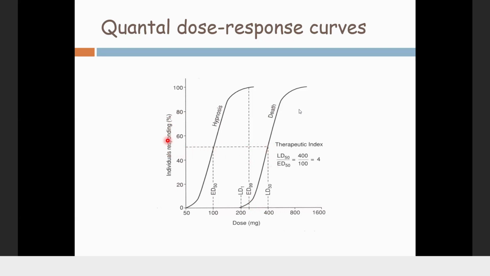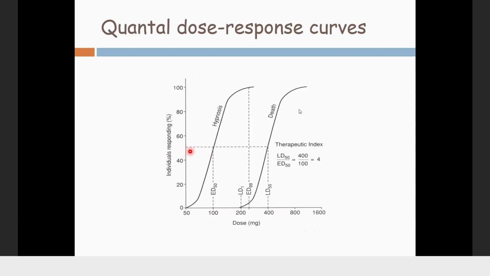So this refers to the population or individuals, which could be people or animals, depending on the experiment conducted. So LD50 would be the dose which causes death in 50% of the individuals.